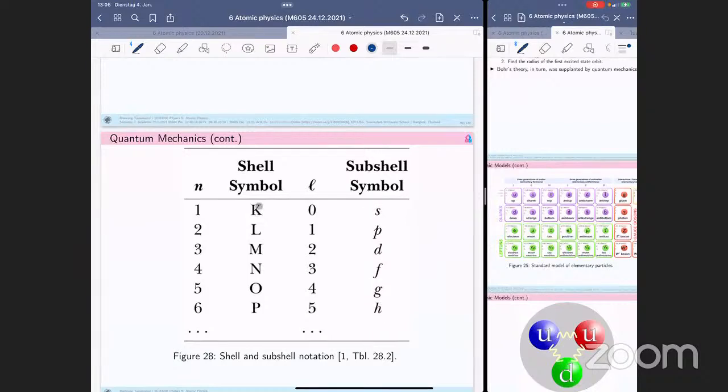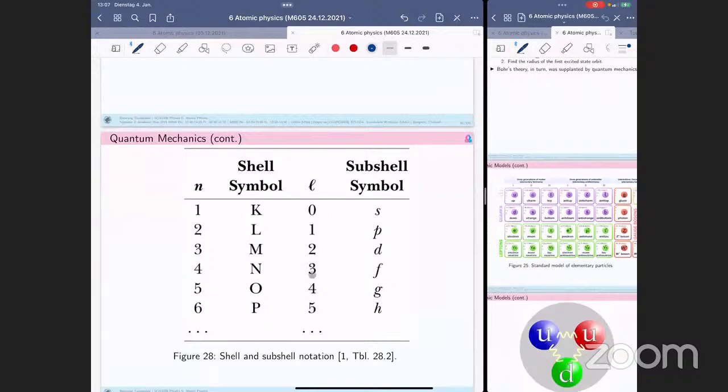For the shell symbol, you could observe that these letters are in a good order, right? K, L, M, N, O, P. But for the subshell symbol, which is in the small font, S, P, D, F, G, H are not in the appropriate order at all. We need to remember them in our brain. But if you work in this society quite a lot, you may remember automatically.